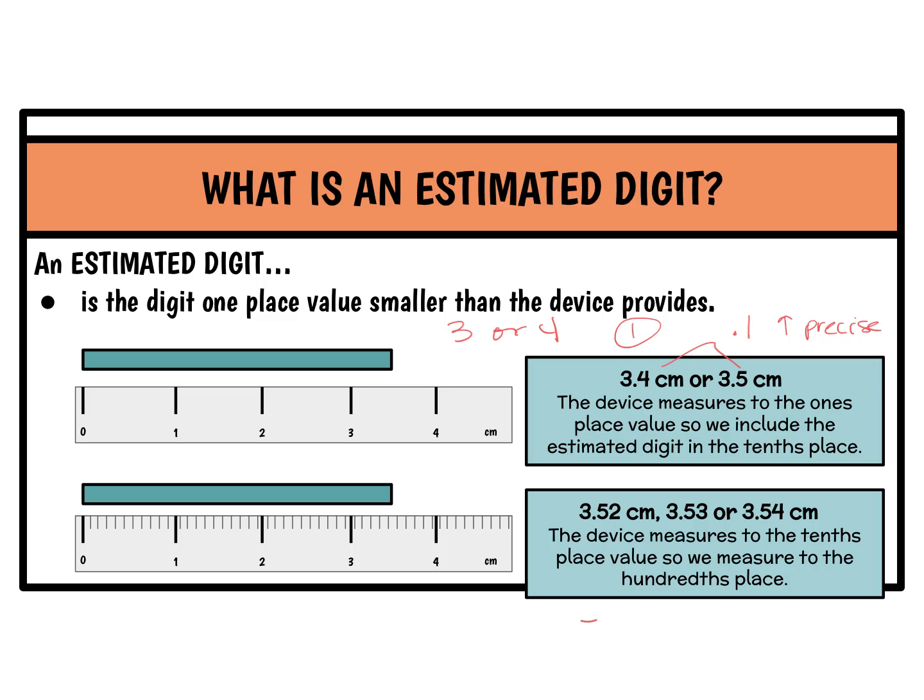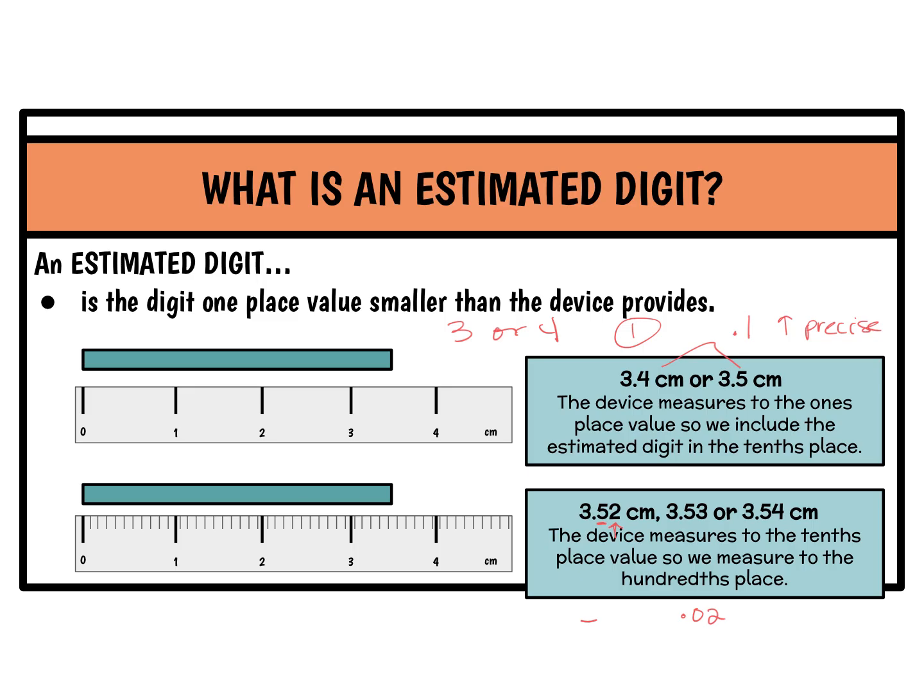And if we have even more tick marks, and again, I said the tick marks went to the tenths place, we would be certain of this value, but this one would be our estimated digit. Even though our measurements might be slightly different from each other, the difference between these two is 0.02. So that's an even more precise measurement.